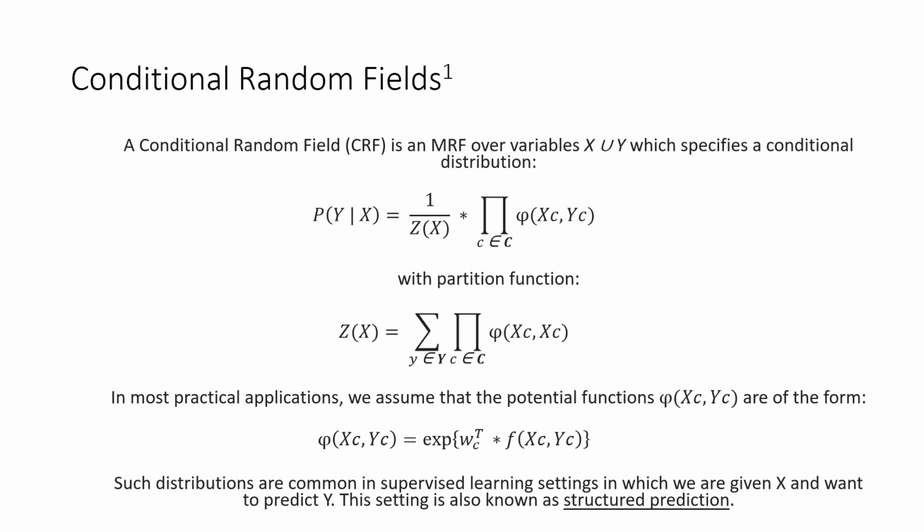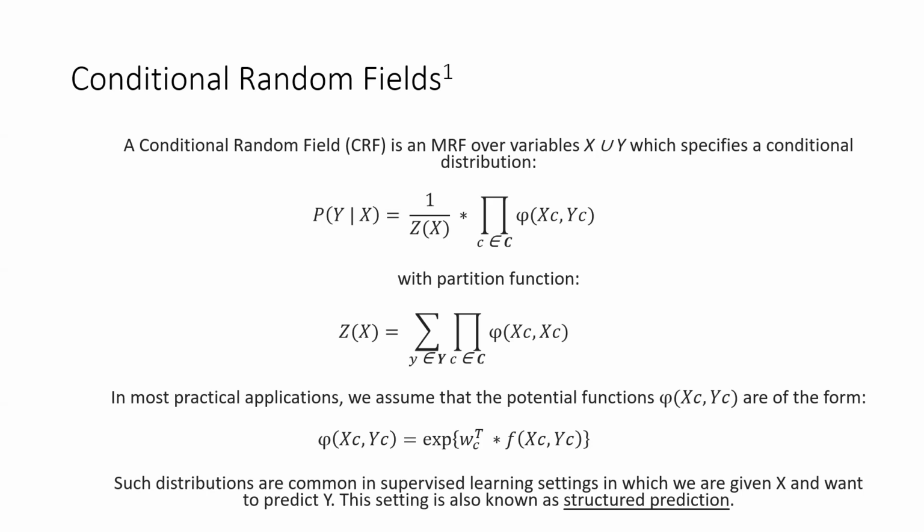So, as we said, it's a discriminative form of an MRF where some variables are defined given some other variables. Okay. Now the setup is pretty much the same: we have potential functions and we have the normalization constant.